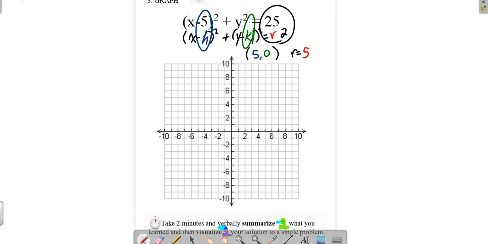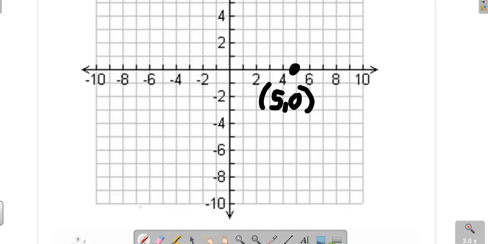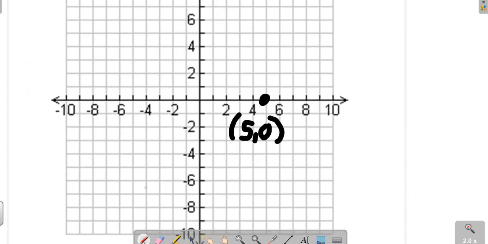Okay, we start by graphing 5, 0. And now we count our radius out, or you should have. 5.